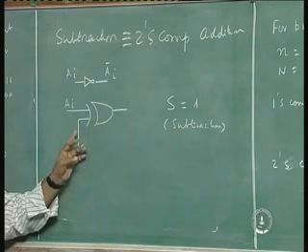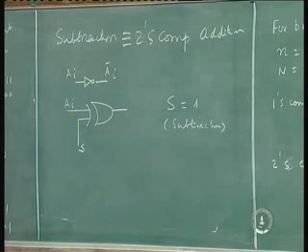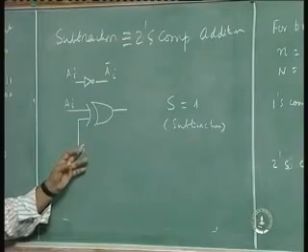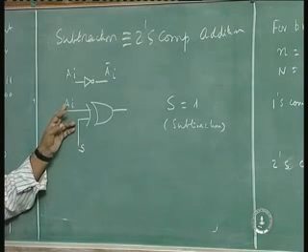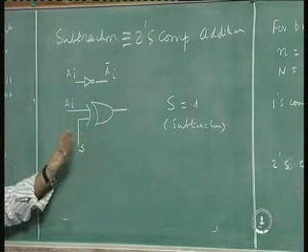If this is 1 and this is 1, what is the output of the exclusive OR gate? 1, 1 is the exclusive OR input, output 0. When this is 0 and this is AI, this also becomes AI. So when S is 0, that is for add.